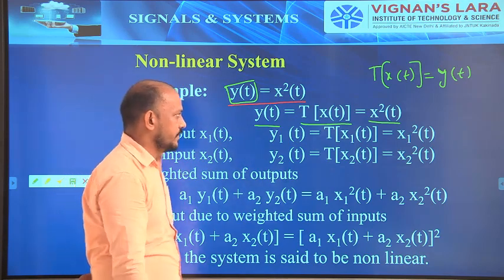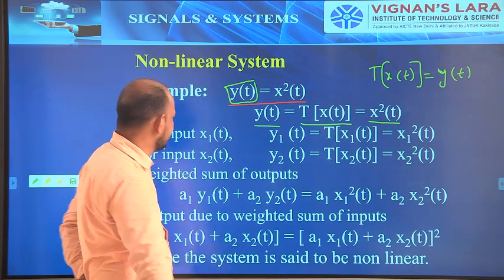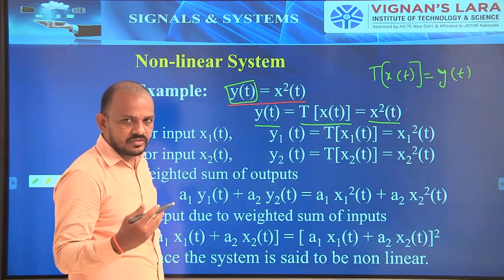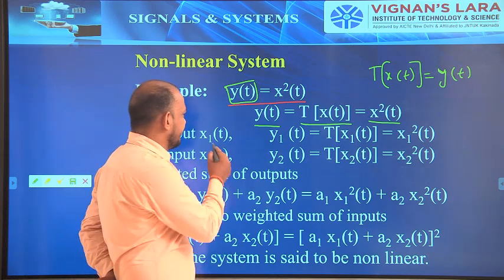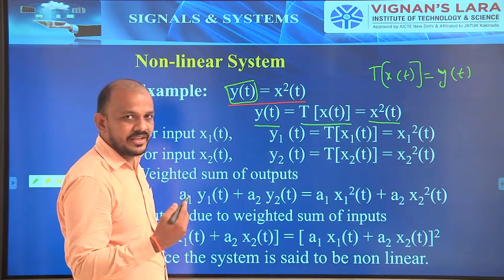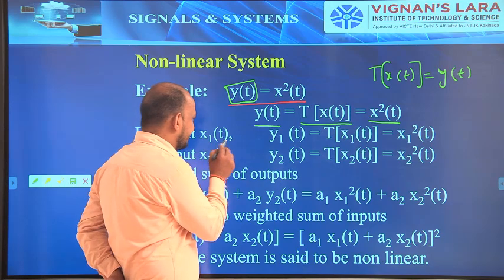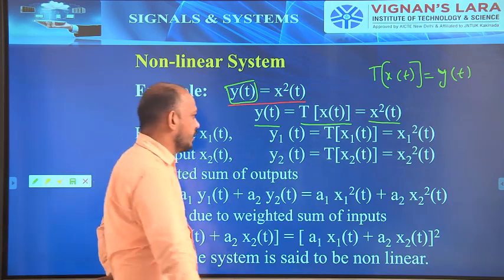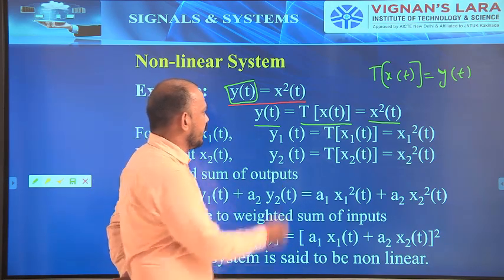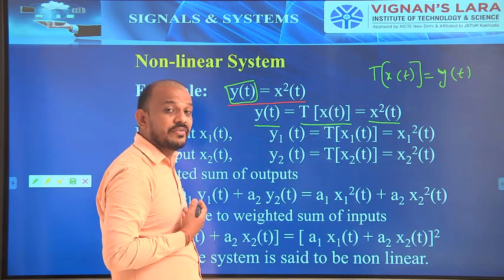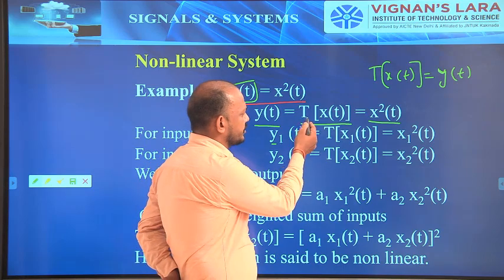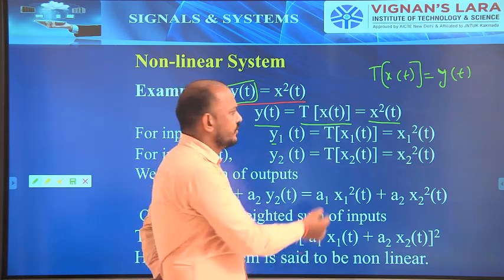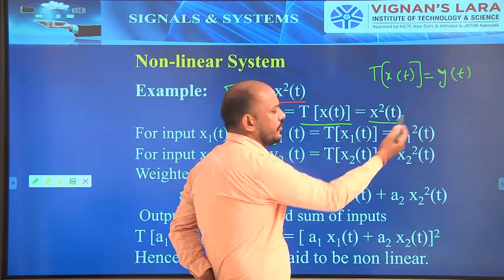First thing. Now this is for the input x of t. Let us consider the input x1 of t, because to satisfy superposition I need two signals. In place of x of t I am taking x1 of t. For the input x1 of t, what will be the output y1 of t? We know y of t; now I need y1 of t. So y1 of t will be equal to the transformed version of x1 of t, which will be equal to x1 square of t.